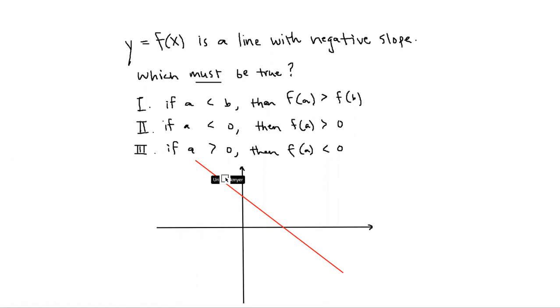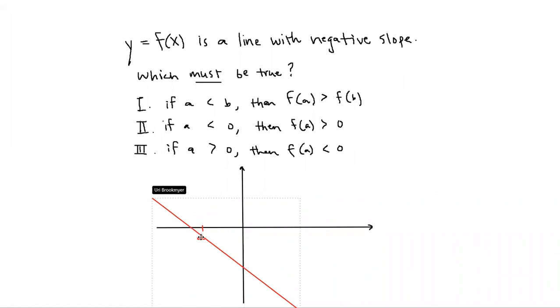Let's move on to option 2. If a is less than 0, then f of a must be greater than 0. We can see in the simplest case that as long as a is less than 0, f of a will always be greater than 0. However, let's imagine that the line moved.